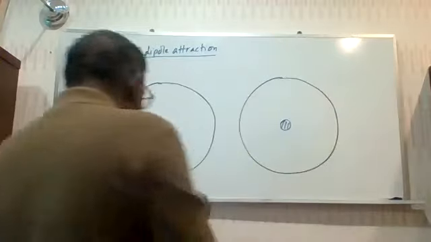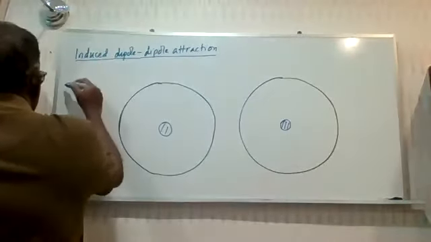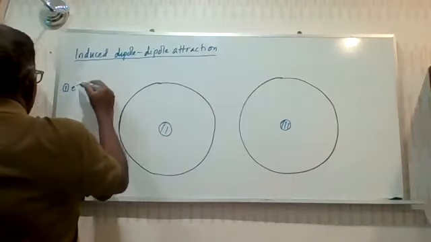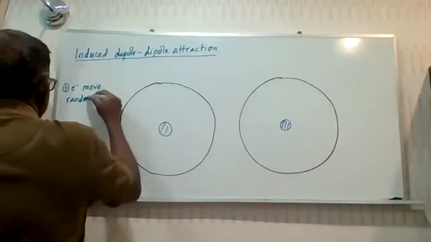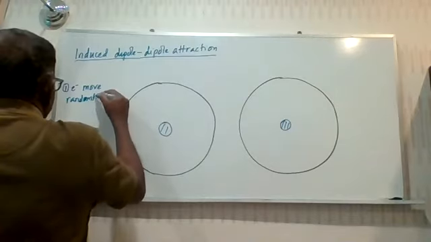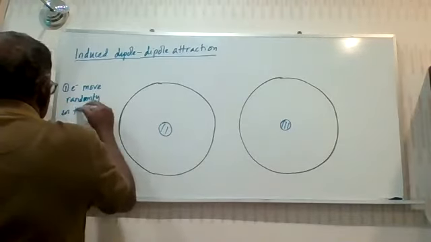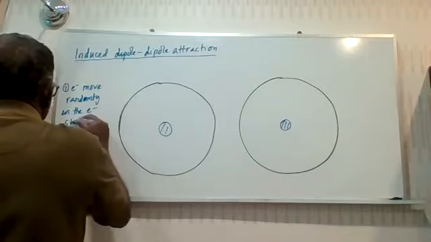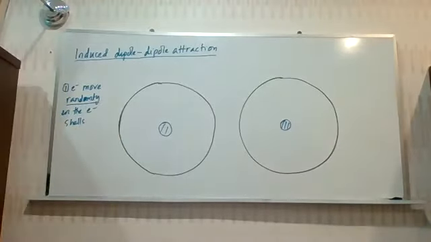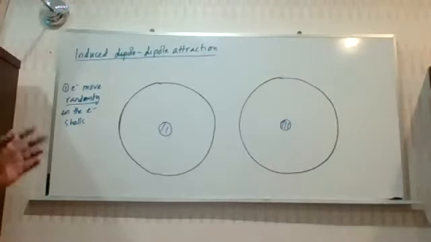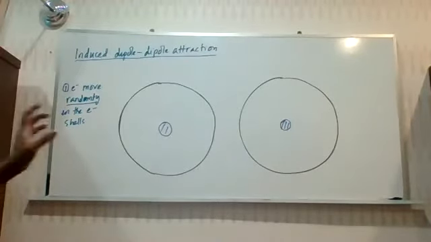So point number one to note is electrons move randomly. Now, because they move randomly in the electron shells, that's very important. What's your understanding of randomly? Randomly means there's no fixed pattern, there's no fixed time and all that. So they just haphazardly move around the electron shell.